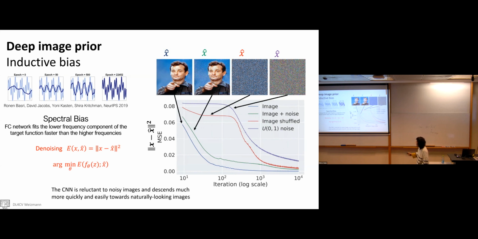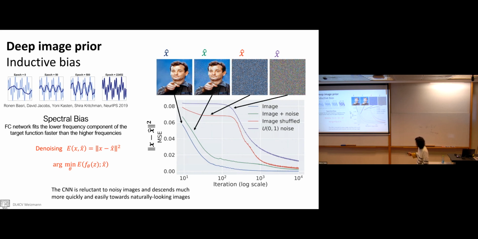If this is your target function, which is composed of low frequency and high frequency, and you train your network to predict this target function, then at first the network is going to learn the low frequency, the dark blue that you see here, and only after a lot of epochs, like what you see here, it's going to learn the high frequency part.